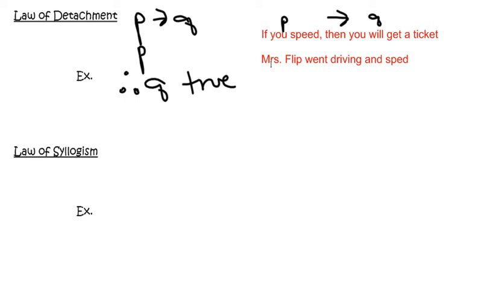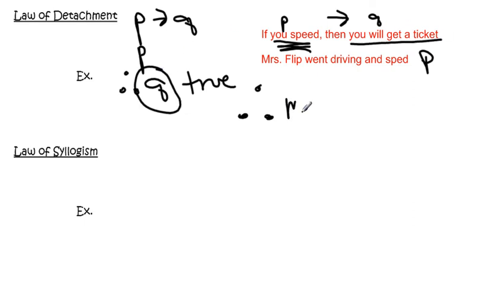Well, somebody driving and then speeding is referring to our hypothesis, someone that speeds. So based on that example about me speeding, what would you conclude? Well, the conclusion is that Q is true. So Miss Flip is going to get a ticket.